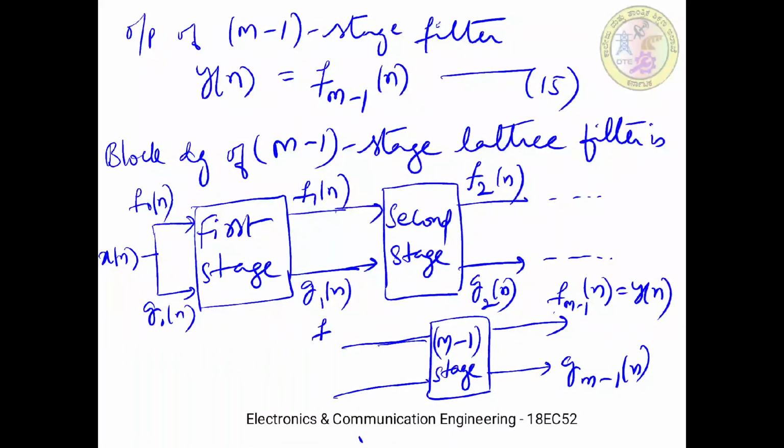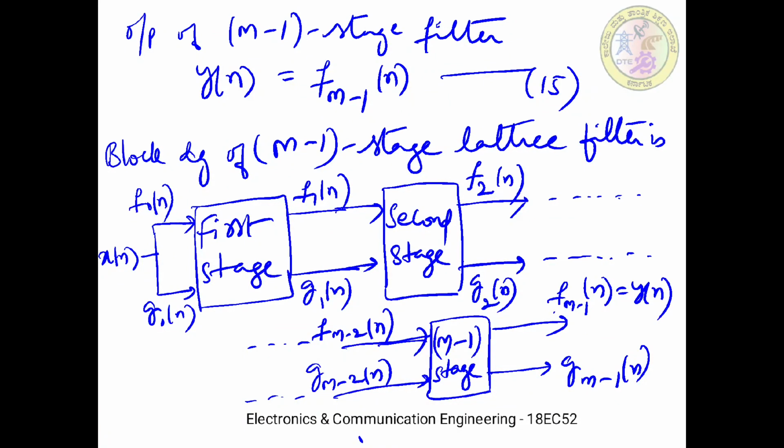For this, the inputs will obviously be f m minus 2 of n and g m minus 2 of n. So this is the general block diagram for showing the lattice structure whose order is m minus 1.